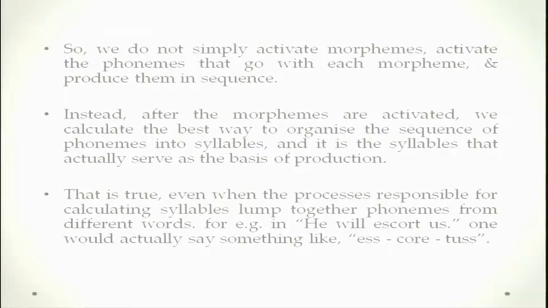If you take a step back and look at where we've come from, we are not just activating morphemes and the phonemes that go with each morpheme; we have to do this in a particular sequence. After the morphemes are activated, you calculate the best way to organize those morphemes or sounds into a sequence of syllables, and it is the syllables that serve as the template for production.